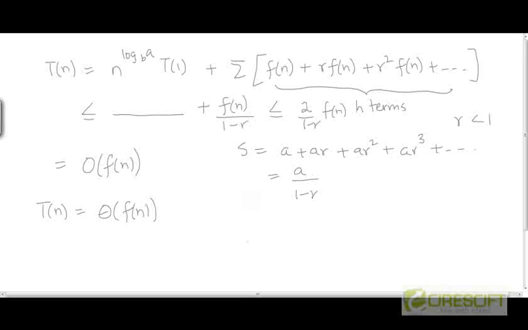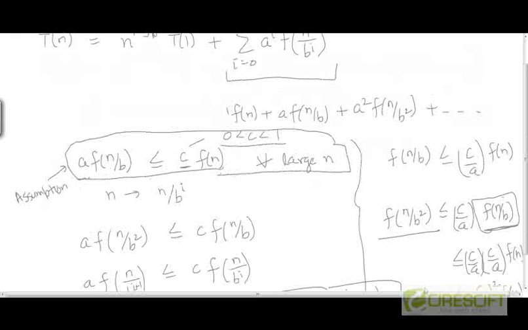Now we are trying to do it in general, and in fact we have assumed something more in order to help us with that proof. We have assumed that this inequality holds. That is, for all values of n sufficiently large, a times f of n by b will be some fraction of f of n.